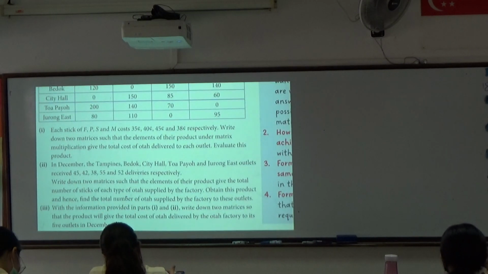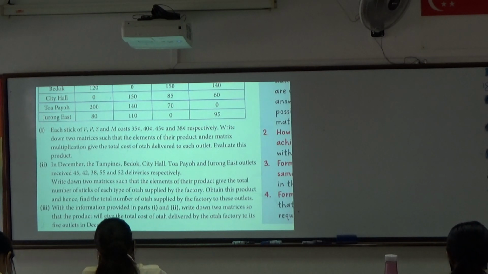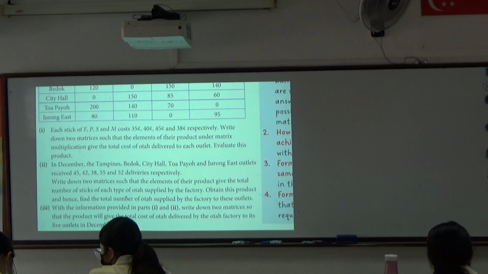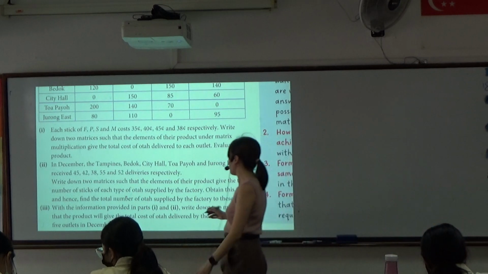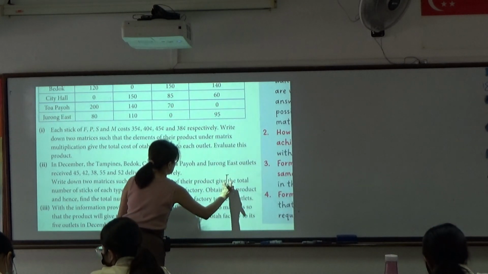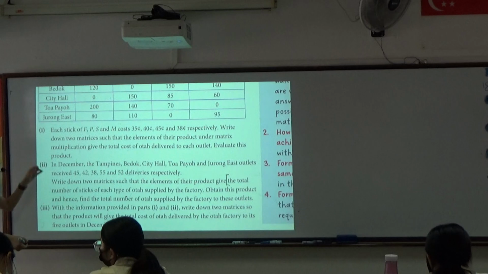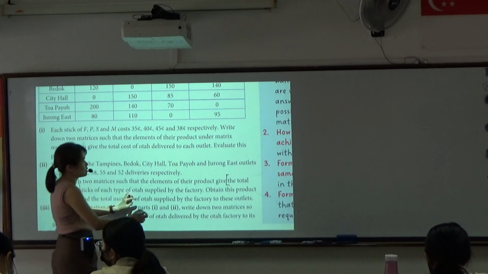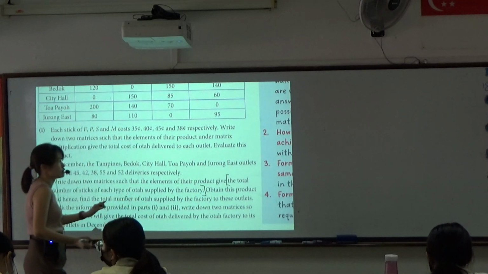So we want to write down 2 matrices such that the elements of each product give the total number of sticks of each type of OTA supplied by the factory. So this is our end point, where we want the total number of sticks of each type of OTA being supplied by the factory.